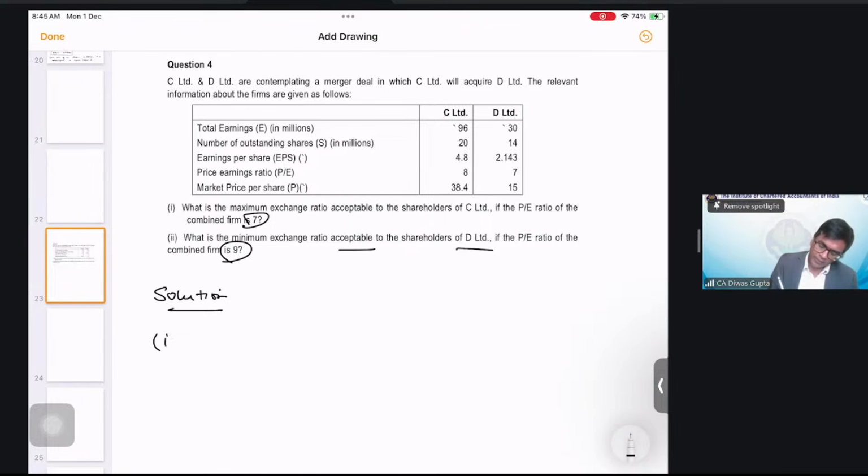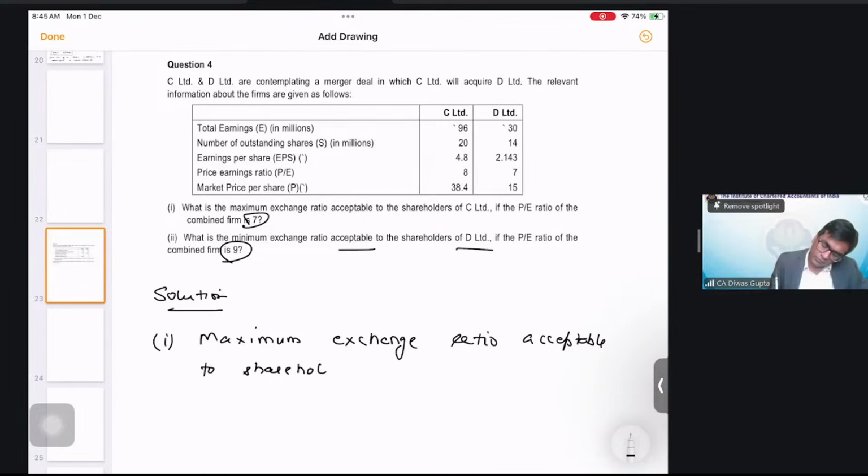So the first part is the maximum exchange ratio acceptable to shareholders of C Limited. All calculations that we will be doing are in millions.